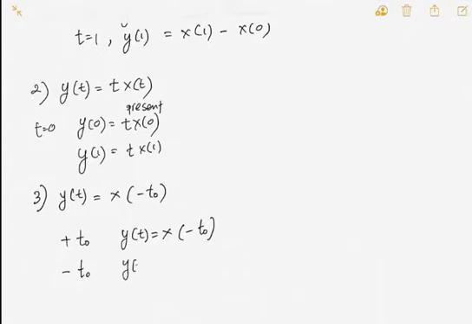So y(t) is x(t minus negative t naught), so you will get x(t plus t naught). So here t naught is the same as t. So this is you get a negative value and this is you get a positive value. So the system is non-causal.